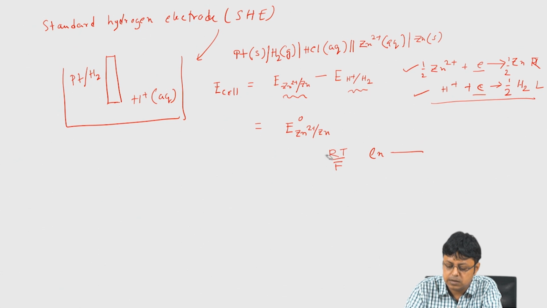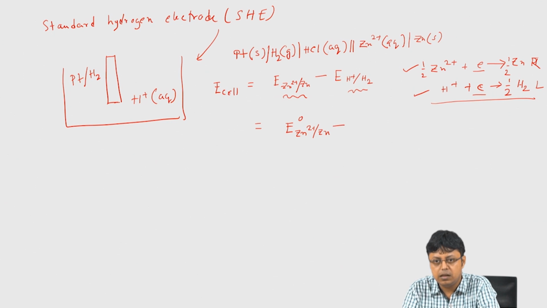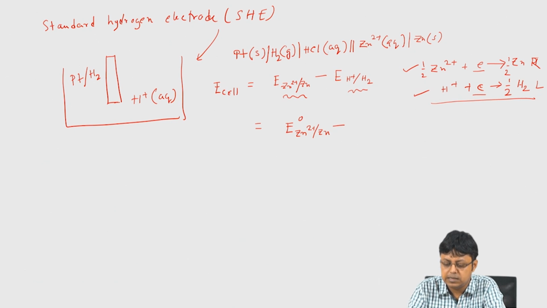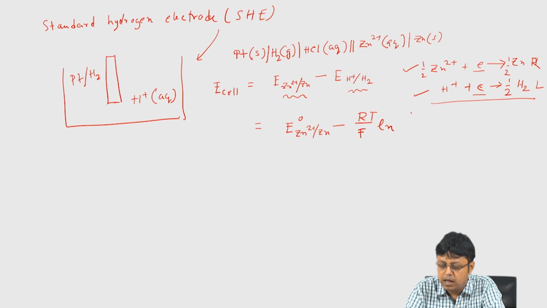So, first let us write the E cell for the half cell, or the right cell. That will be nothing but R T by F and ln of the reaction quotient, and look at the reaction here.